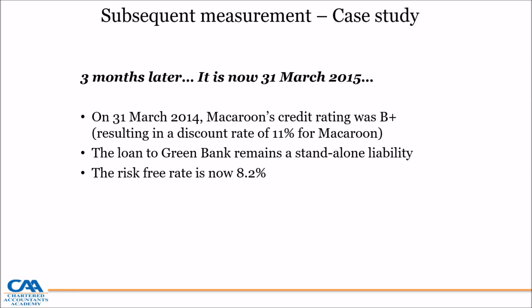So can you see that now we have a change attributable to the risk-free rate and a change attributable to your credit risk? The change attributable to your risk-free rate will be treated as a P&L item, and the change attributable to your credit risk will go to your other comprehensive income.